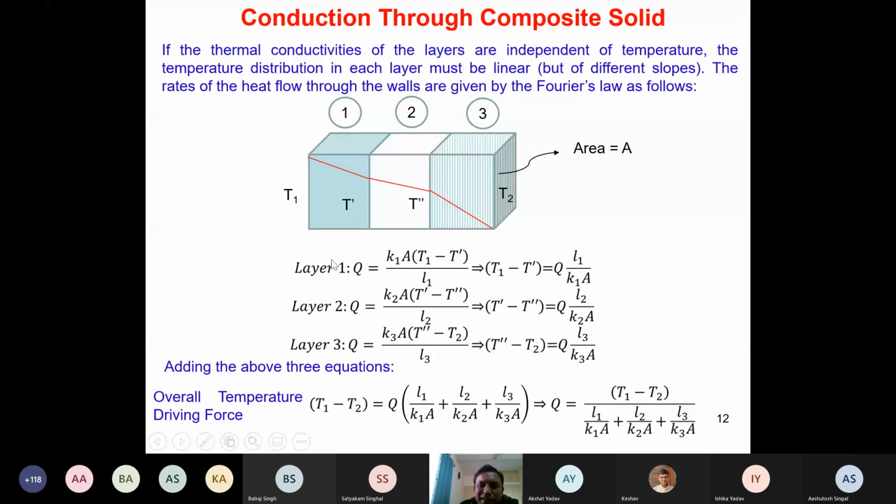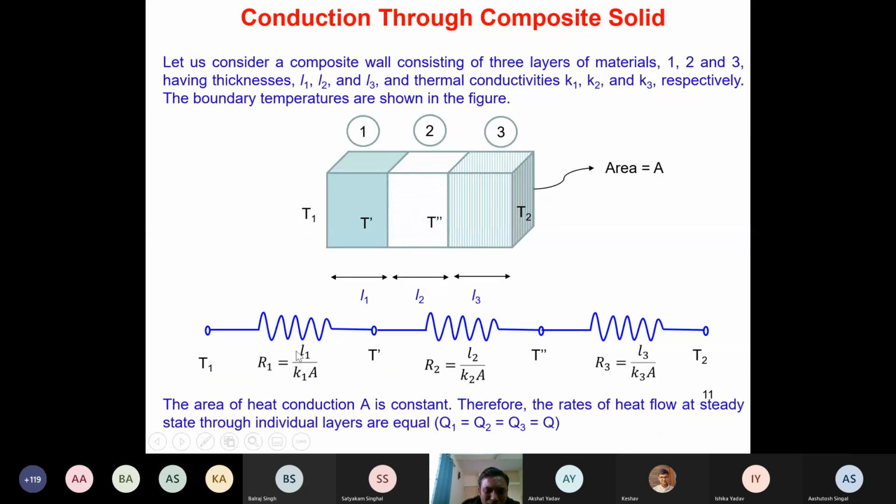Here capital Q is given as K1A into delta T divided by L1. Delta T is the temperature difference, which is the driving force, whereas L1 divided by K1A is the resistance in layer 1.